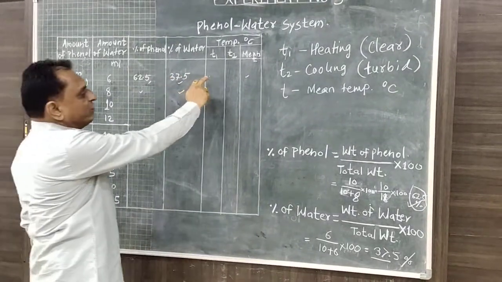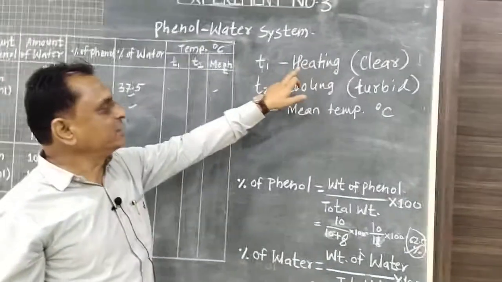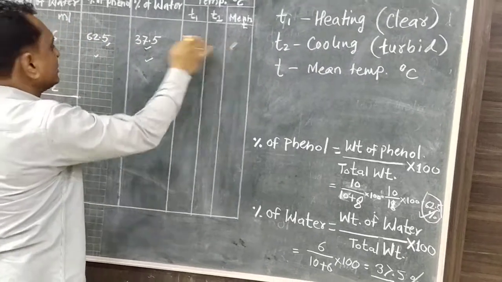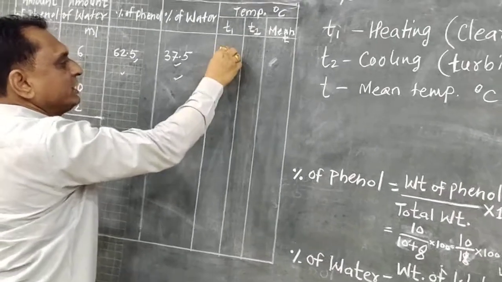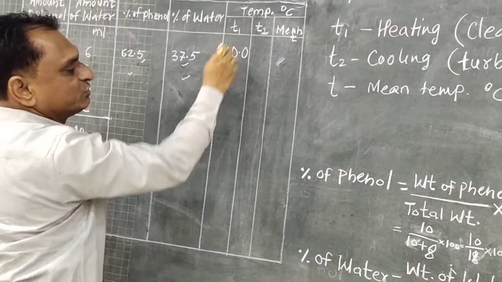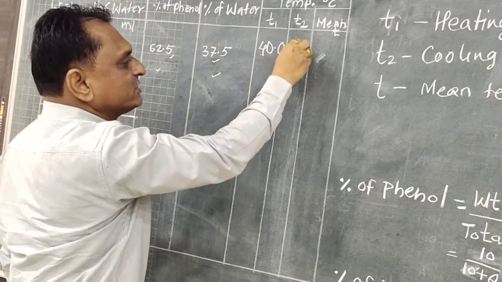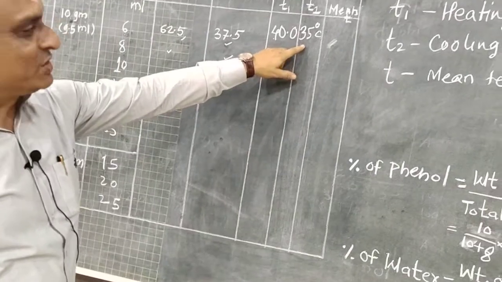Then when you start the actual experiment, we have to obtain T1 and T2 and find out the mean reading. See here, for the first observation, suppose the reading is 40 degrees Celsius while heating, and 35 degrees Celsius when the cooling process is there.